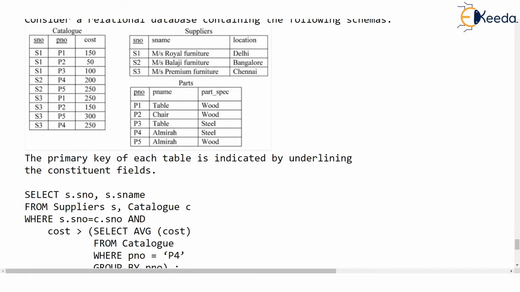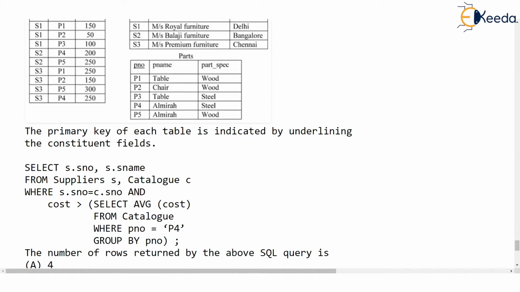Check that the nested query says select average of all the costs from catalog, correct? So the catalog table has been used again over here, where part number is P4, grouped by part number. First all these parts will be grouped together: all P1 together, P2 together, P3 and P4.